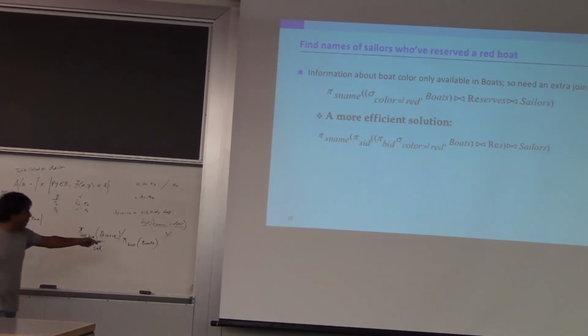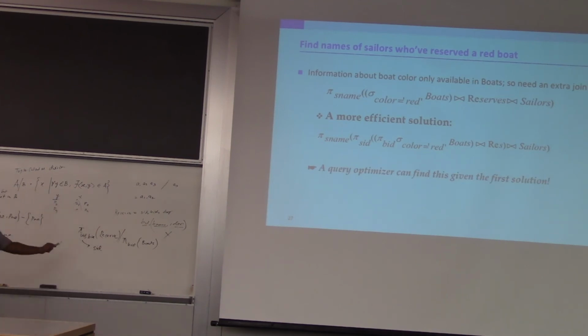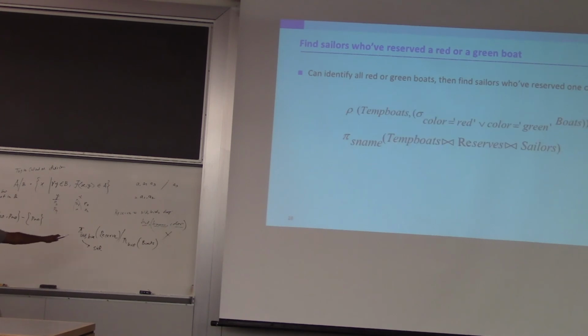This part is very important. You have to project only the ones you care for. Over here, you care only for SID and BID, because you are dividing it with BID. Now BID is gone, you are left only with SID. Okay?